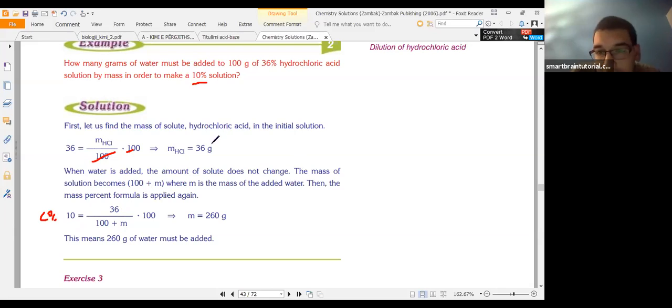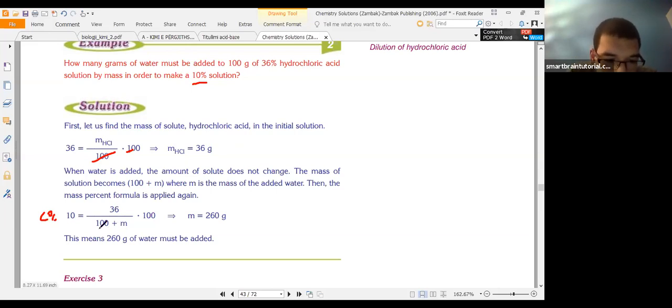Mass of solute is constant, because when we add water, the amount of solute will not change. We are not adding solute, we are adding solvent. Water is solvent.